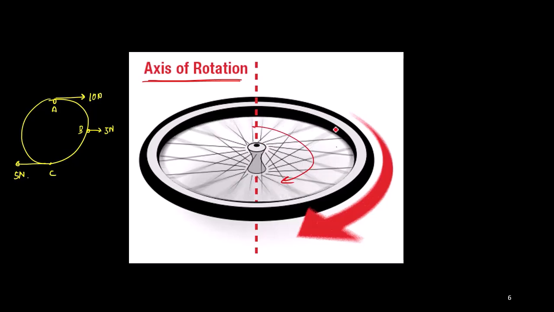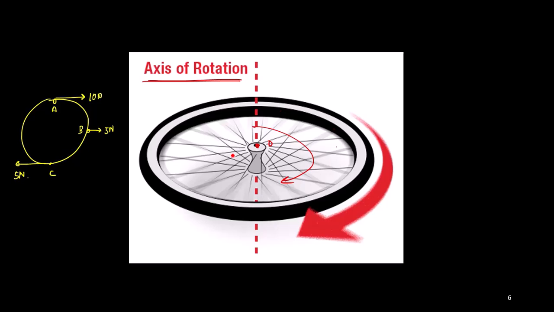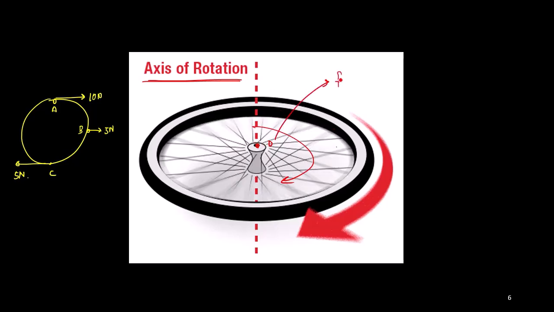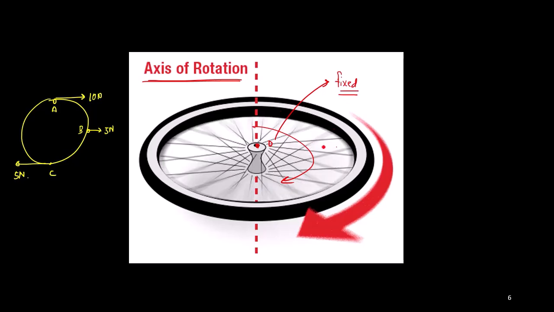So all the points on the body are moving. Only thing is that the axis point, let us say the O point, is a fixed point. Apart from O, that is the point which is lying on the axis, all the points are moving, because of the turning effect of the force.